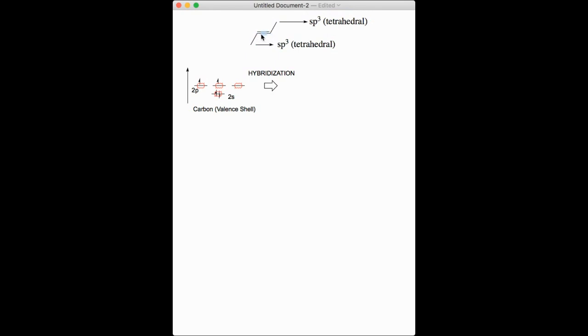So these two right here, they have a pi bond in between them. For the pi bond, as I said before, the pi bond must take place through a pure p orbital. So we must save one p orbital for the pi bond, because the pi bond will only take place through pure p orbitals.